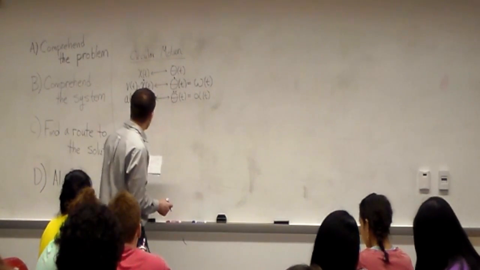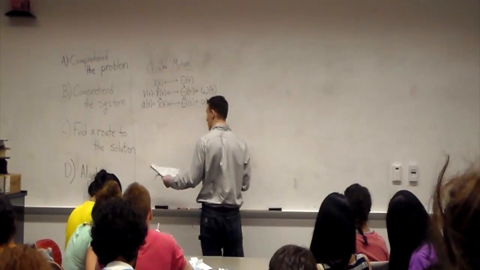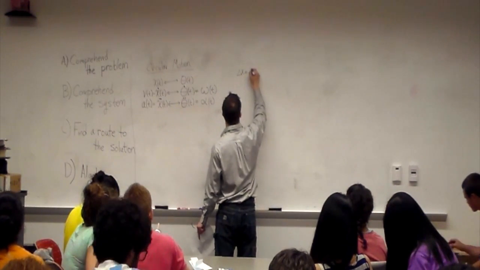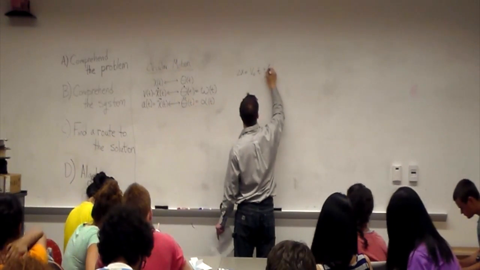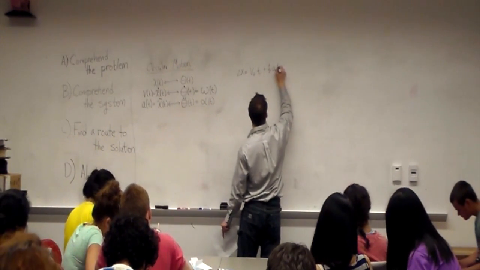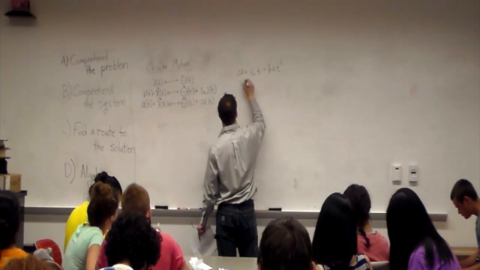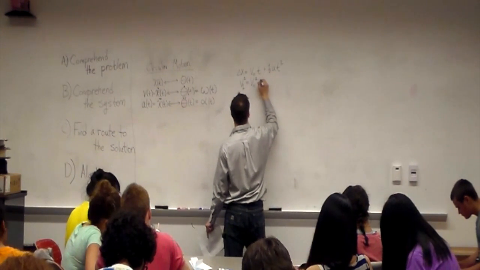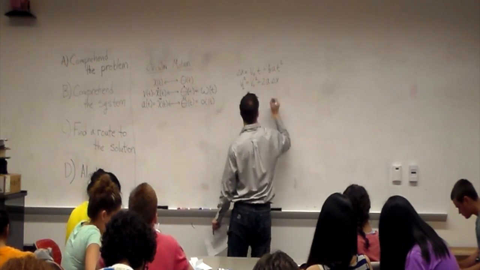So the two equations that govern one-dimensional motion that we've used are delta x equals v naught times t plus 1/2 at squared, and also v final squared equals v naught squared plus 2a delta x. Right?